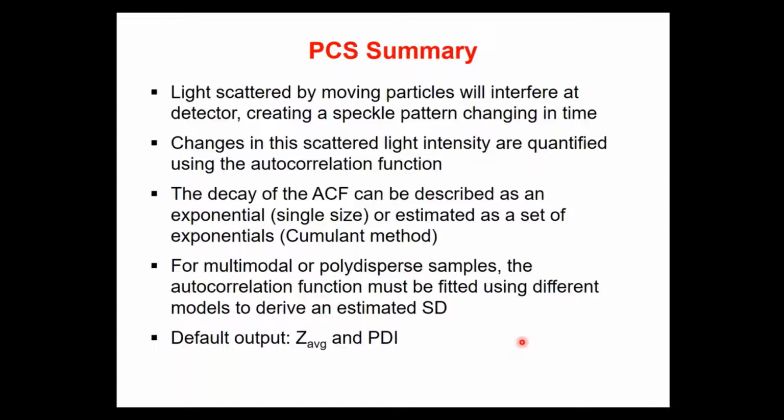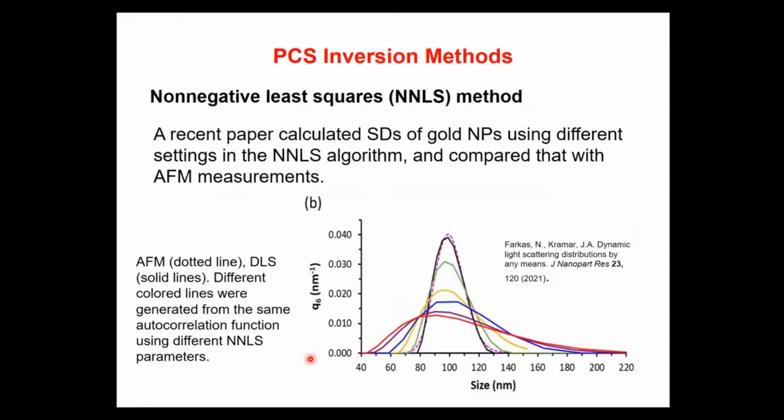For multimodal, multi-peaked, or polydispersed samples, the correlation function then must be fitted using the models that you can choose, and perhaps you have some information that brings you to choose a more appropriate model over another model. The default outputs are the z-average size and the polydispersity index of the distribution.